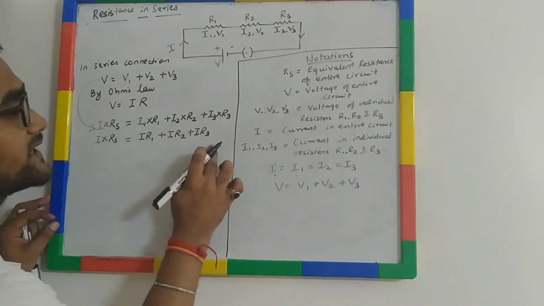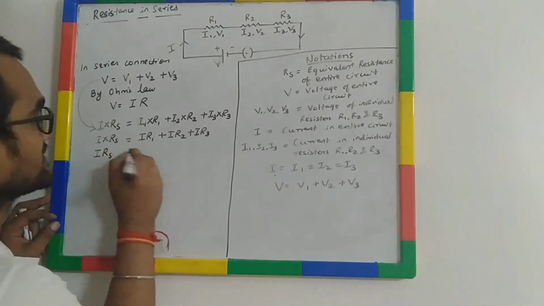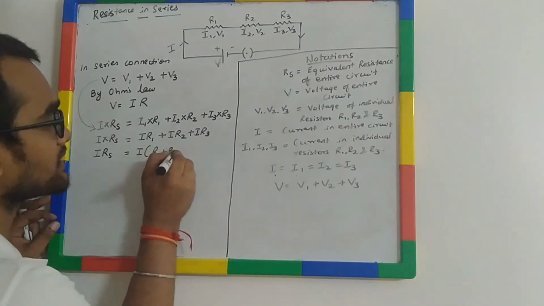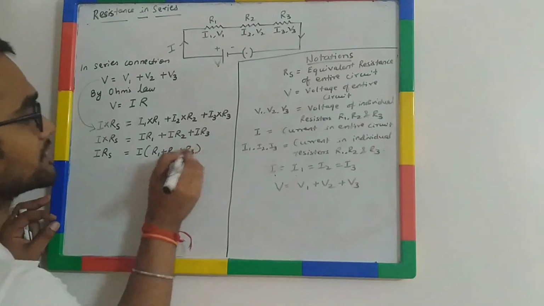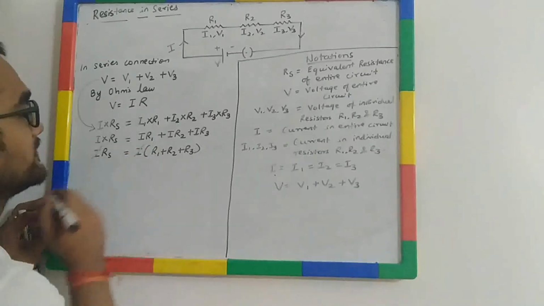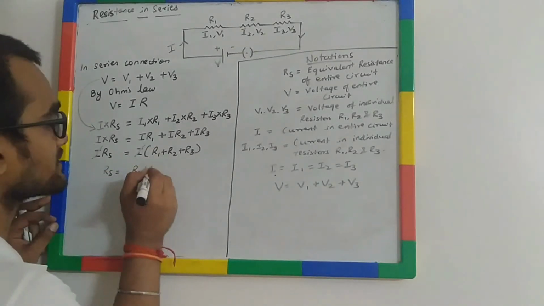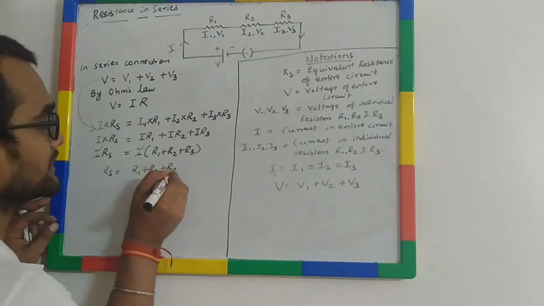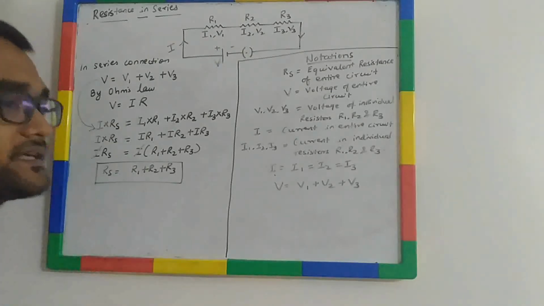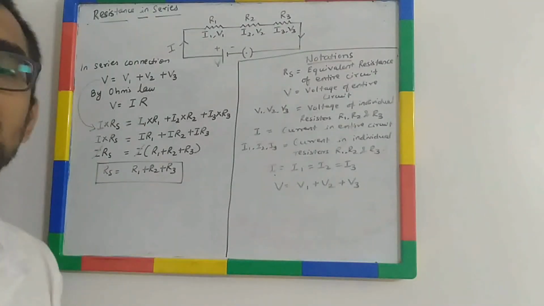From the right hand side, we can take I as common. So IRS = I(R1 + R2 + R3). Cancelling I from both sides, we get RS = R1 + R2 + R3. So this is the formula for calculating the equivalent resistance of certain resistors connected in series connection.